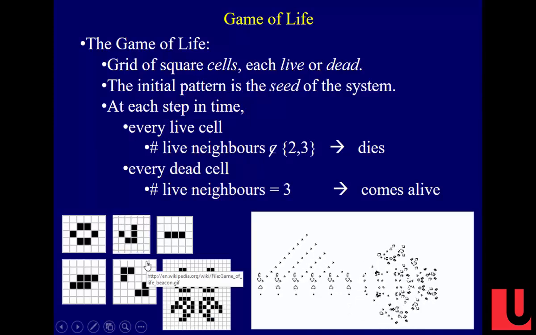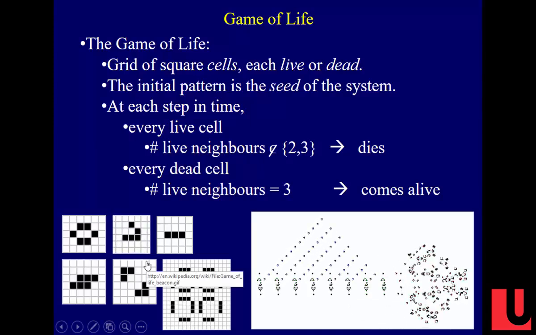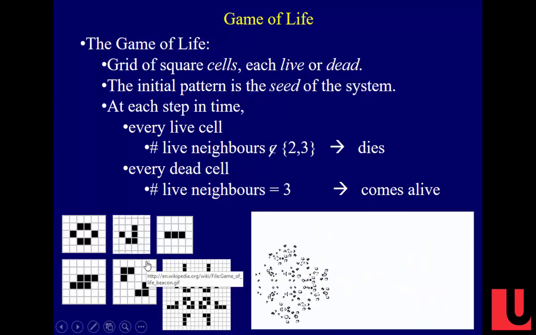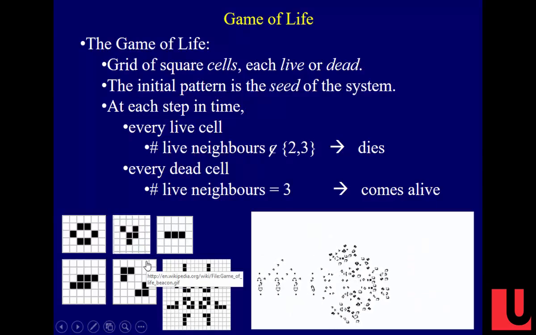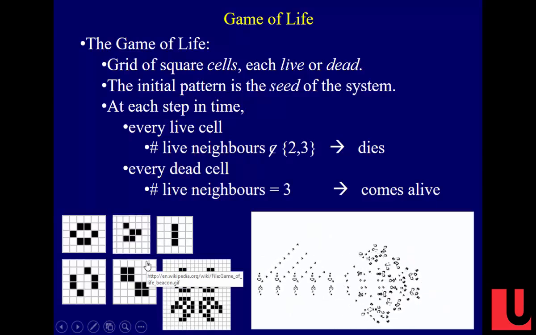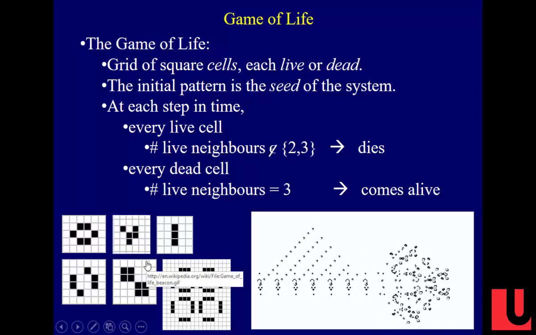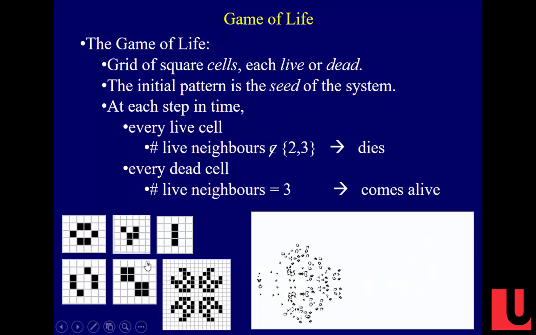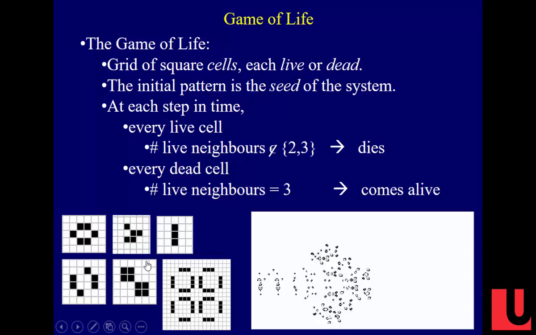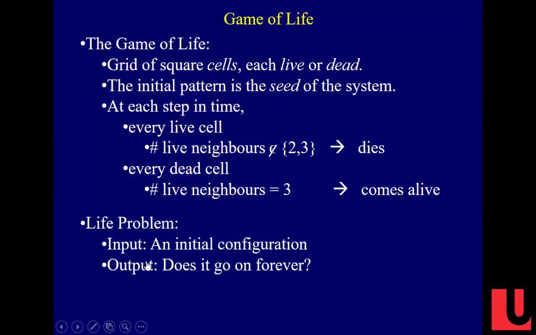Here are some examples of it doing cool things. And then you can ask a question: given this initial configuration, does it all die out? Or does it live forever? Or does it travel infinitely far? You can ask these questions, and all those questions are undecidable.